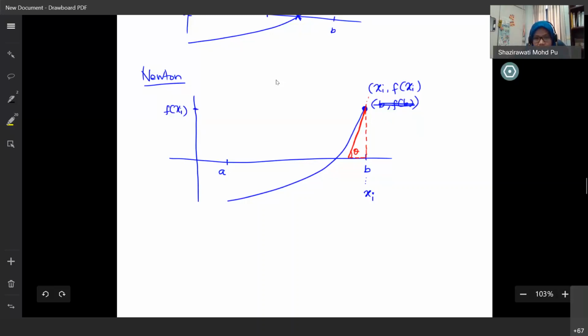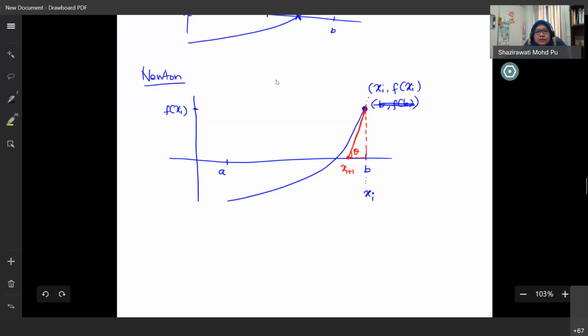The point here, the intersection of the red line with the x-axis, is denoted as your xi plus 1, because in the iteration you start with xi, so the next value would be xi plus 1.